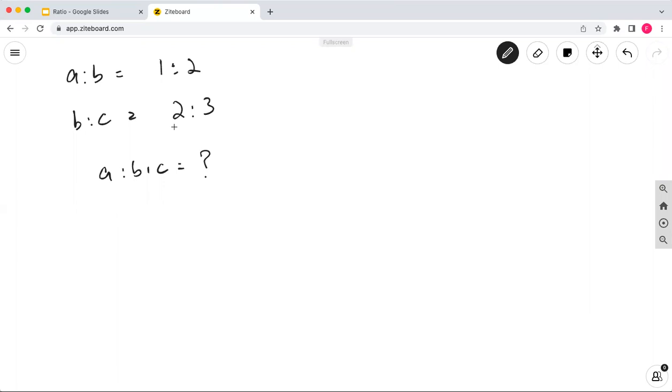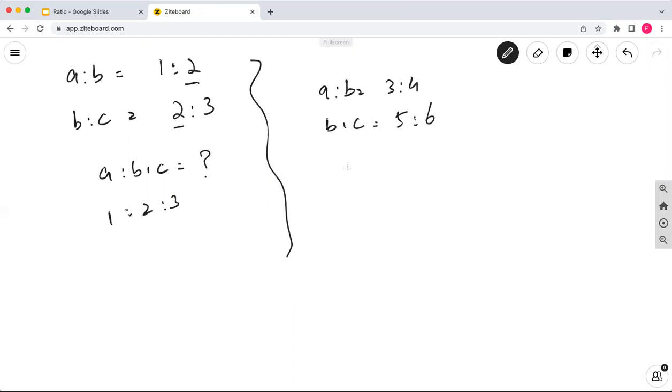First of all, see what is common in both, which is B, and B has exactly the same value. So we can write this as 1:2:3. But if I change the value, and if I write this as A ratio B is equal to 3:4, and B ratio C is equal to 5:6. Now tell, how can I find the value of A ratio B ratio C?